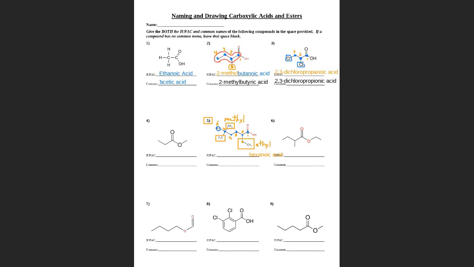So 2-ethyl-5,5-dimethyl hexanoic acid. I'm actually going to put this up here just because this is such a long name. And with this one, you wouldn't really be expected to know the common name, so don't worry about it.